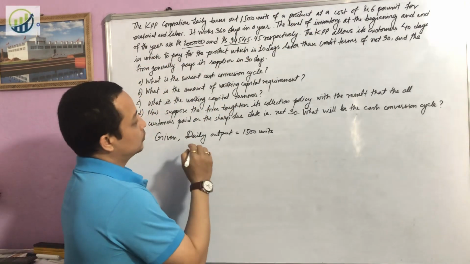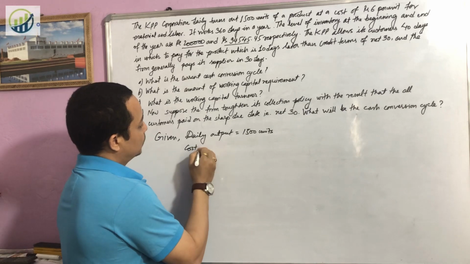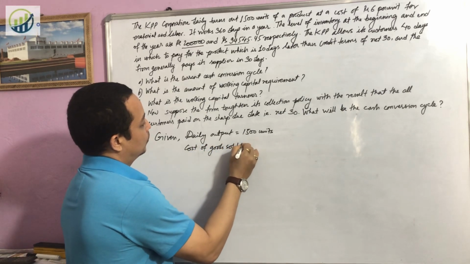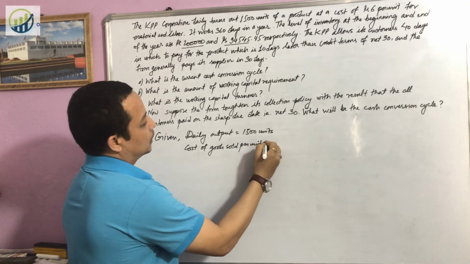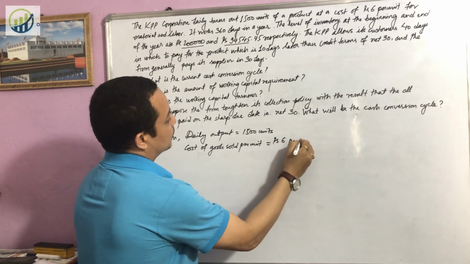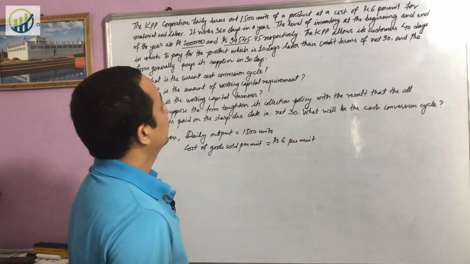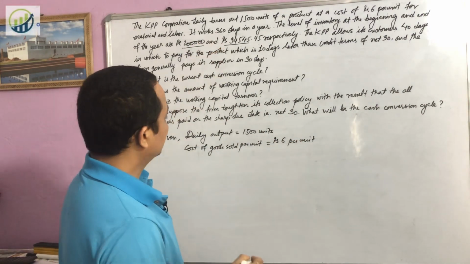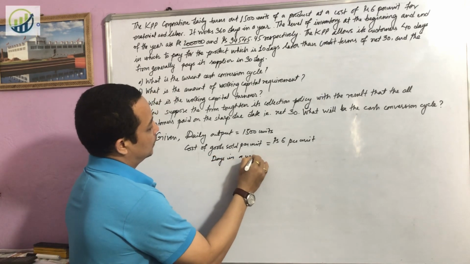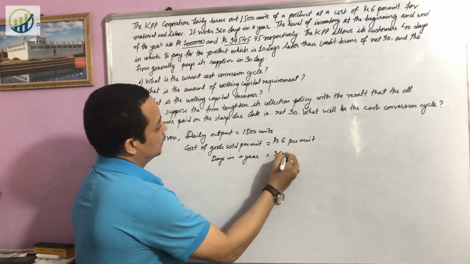So this is your cost of goods sold per unit, that is your rupees 6 per unit. Okay, then here days in a year, 360 days.